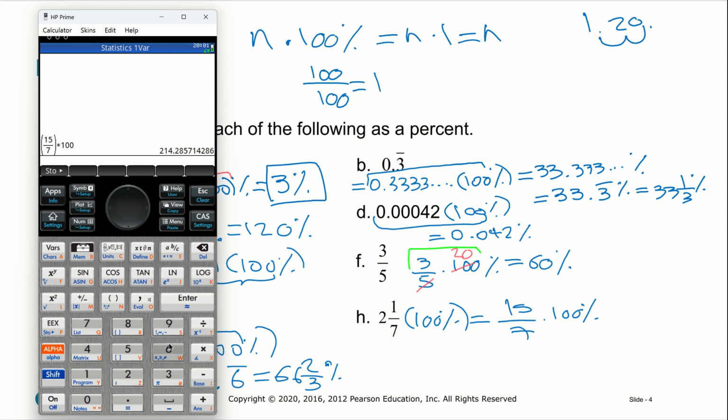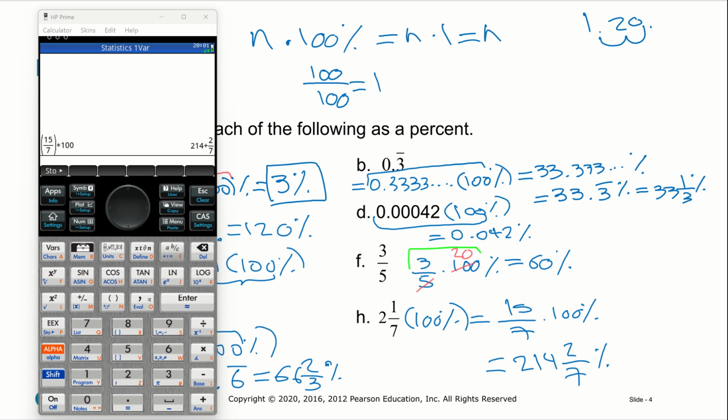But let's go ahead and turn it into a mixed number. So if I hit that, that's going to give me 15 over 100 over 7. But if I hit it again, it'll give me 214 and 2/7. So this is 214 and 2/7%, like so.